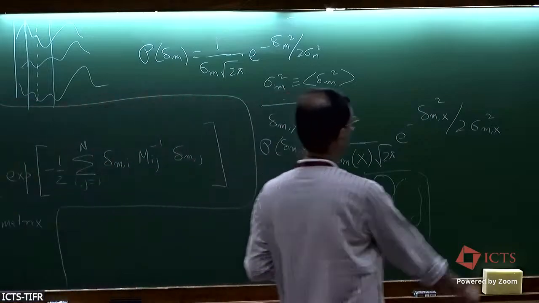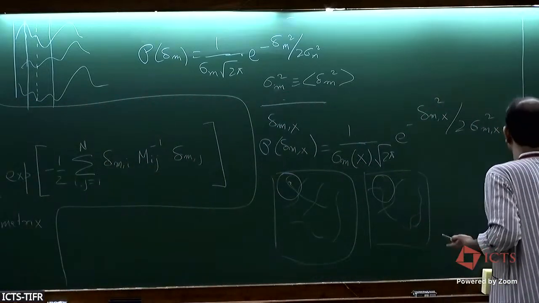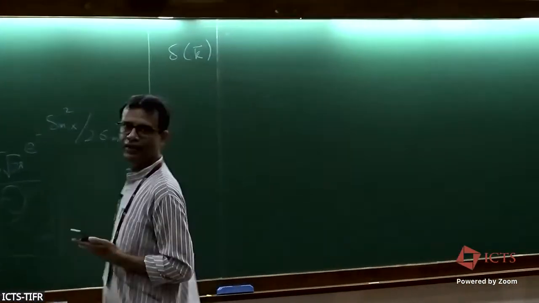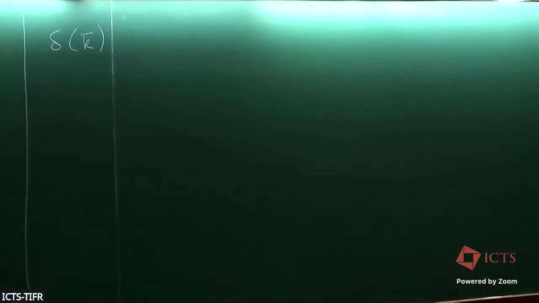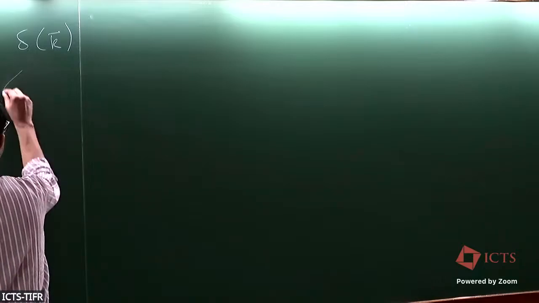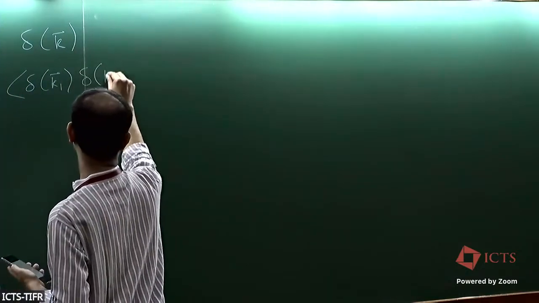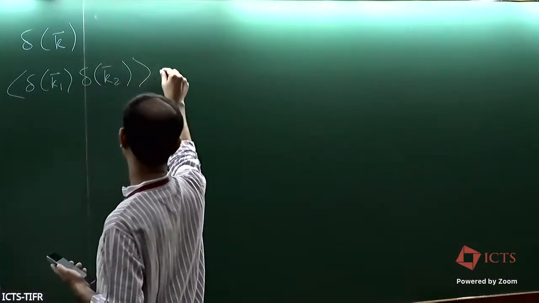One more quantity of interest is delta k. Now, delta k is the Fourier transform of delta. So essentially that is also a sum of many Gaussian random fields. So this itself is also a Gaussian random field, except this has an interesting property that delta k1 and delta k2 are uncorrelated.